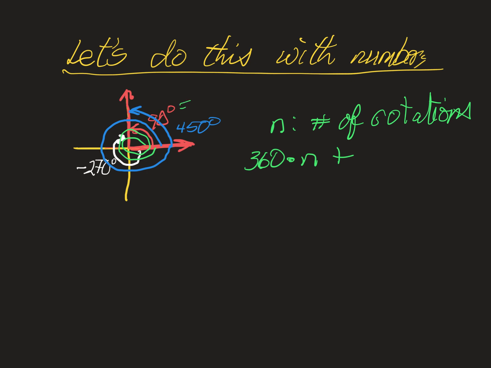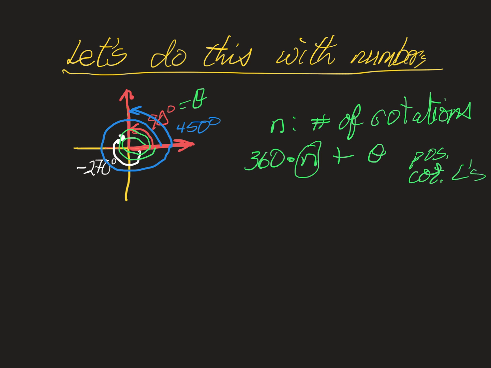So let's call 90 theta, the original angle. So it'll be 360 times n plus theta. And so we add 90 to however many rotations of a full circle we're tacking on. And this will give us more positive coterminal angles.